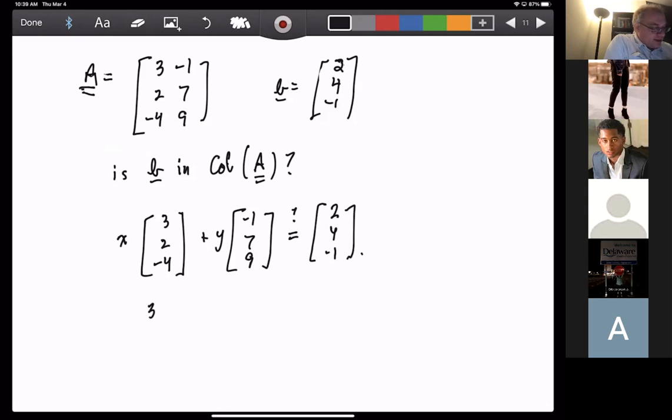So that would require that 3x minus y is equal to 2, 2x plus 7y is equal to 4, and -4x plus 9y is equal to -1.